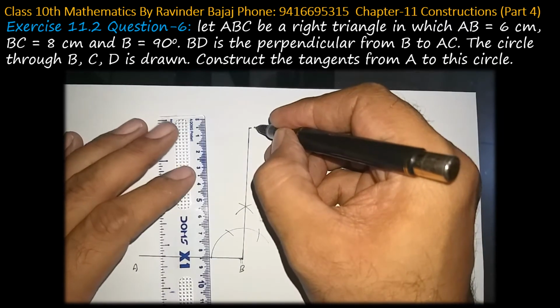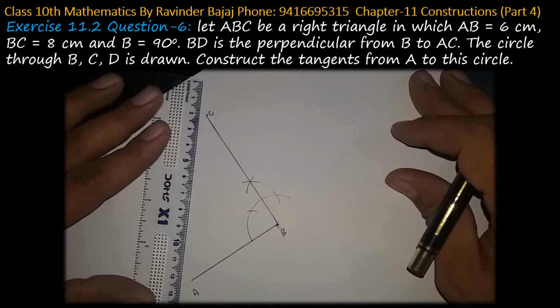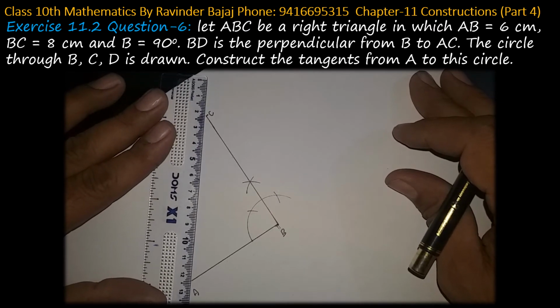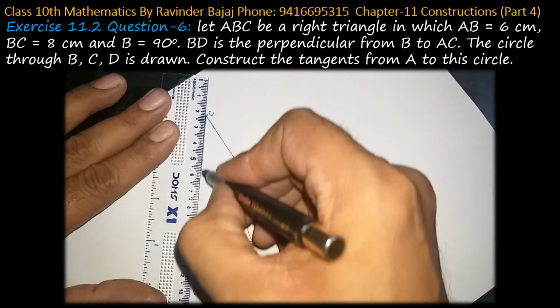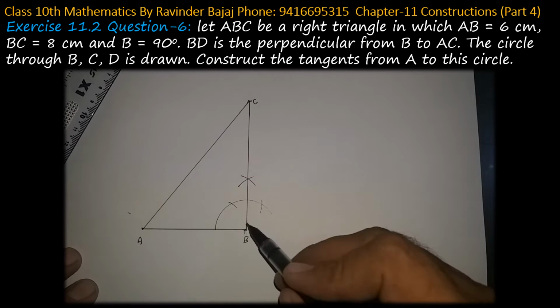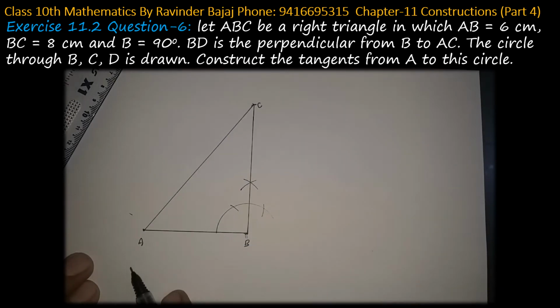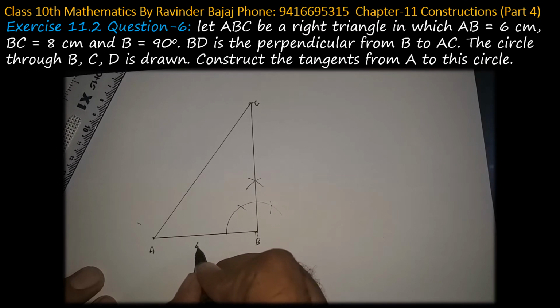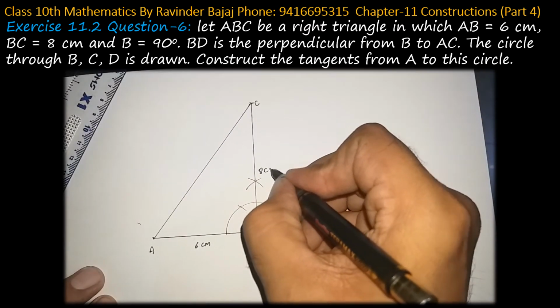So this point is C. Join AC. This is line AC. So this is the required triangle ABC, which is given in the question. So ABC is the required triangle at B 90 degree angle. AB is 6 centimeter and BC is 8 centimeter.